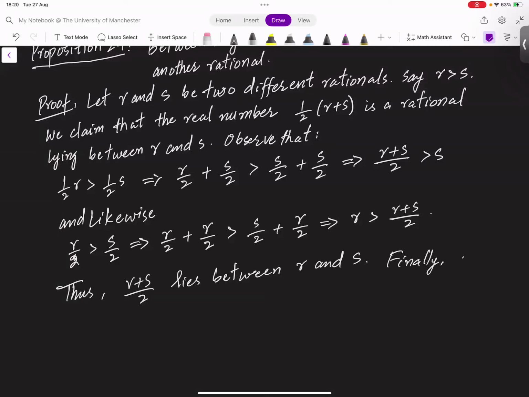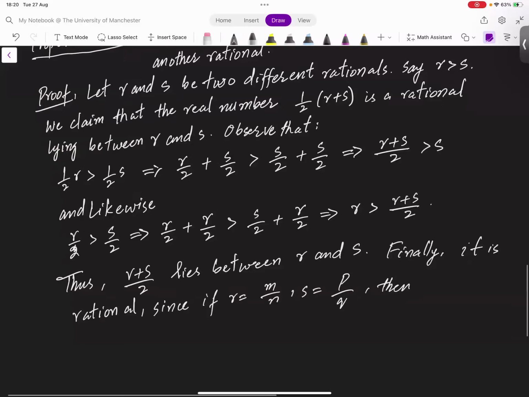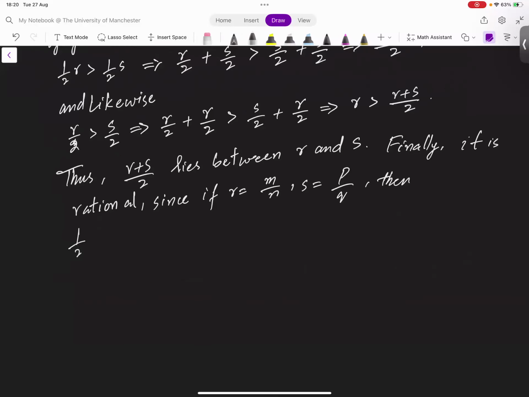Finally, it is rational, since if R is m over n and S is p over q, then half of R plus S is going to be (mq plus np) over 2nq.